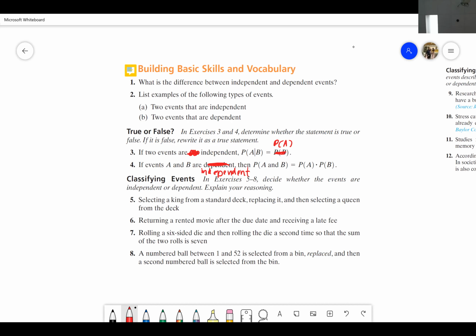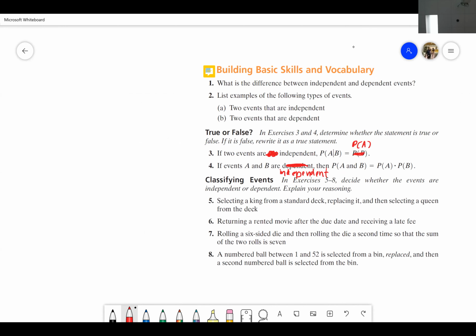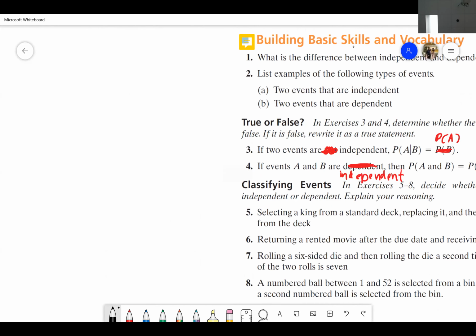Because you have notes out, I might as well take some time, and over here on the right, write both rules.